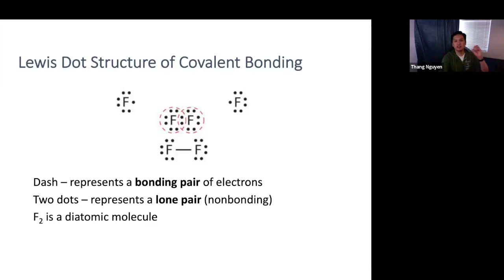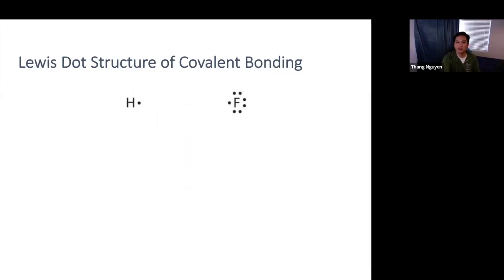Now we took first 2 examples of identical atoms, but in actuality, they don't have to be identical atoms to share. So for example, if you had a hydrogen and a fluorine, 2 atoms that are not yet octet or duet, both of them want to take electrons, both of them don't want to give electrons, so you can't do ionic bonding.